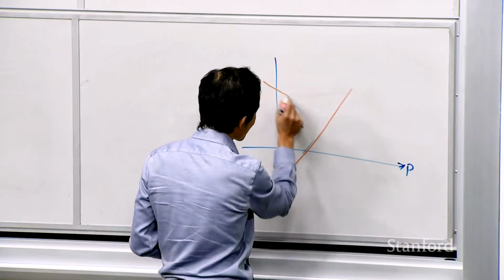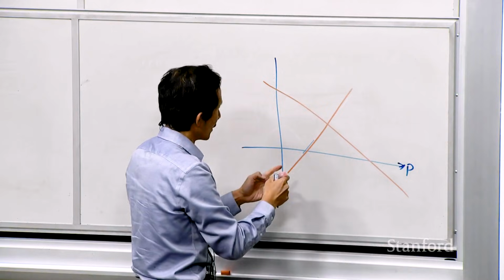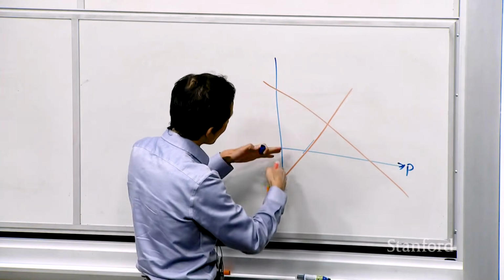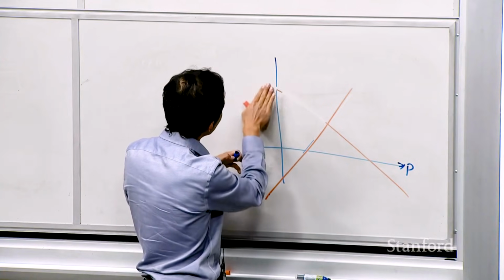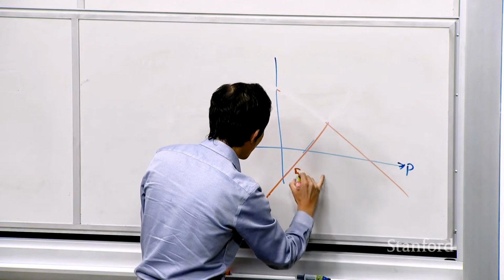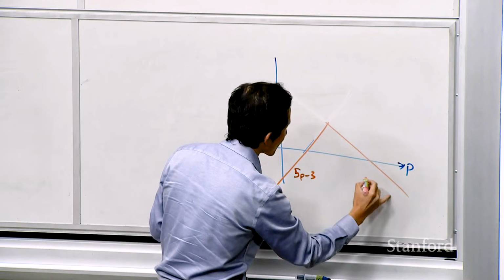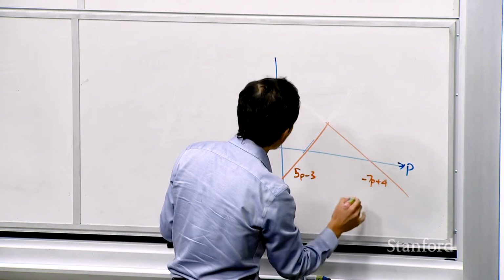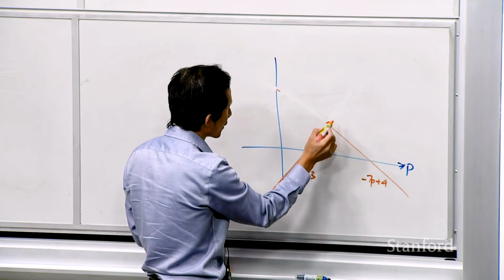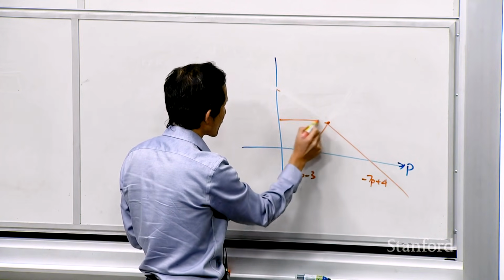Looks something like this. This is definitely not to scale. But I'm taking the min, which means that I erase these two pieces. So this is like 5P minus 3, and then this is minus 7P plus 4. And if you set them equal, you get basically this max value.